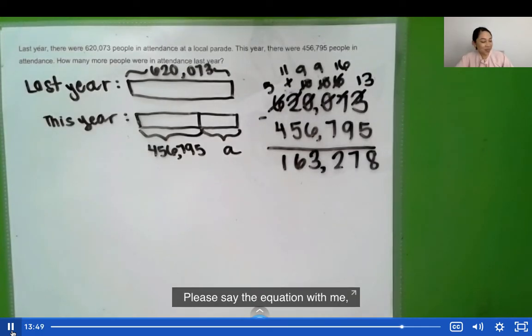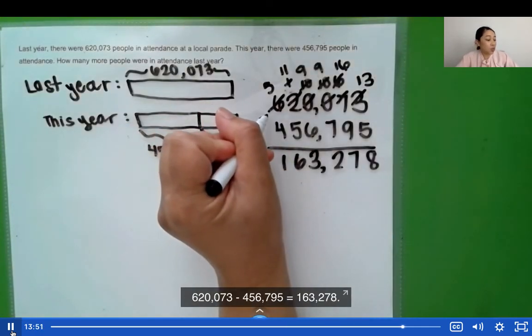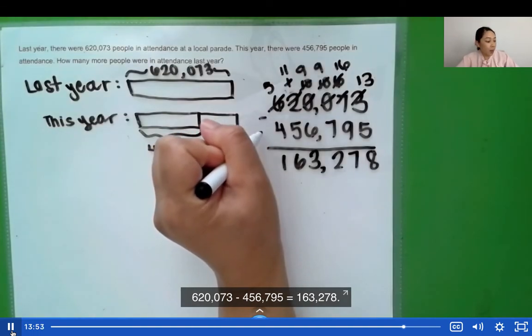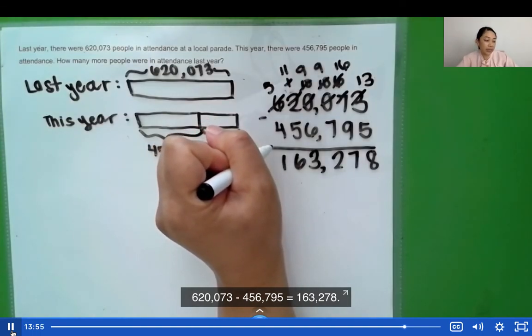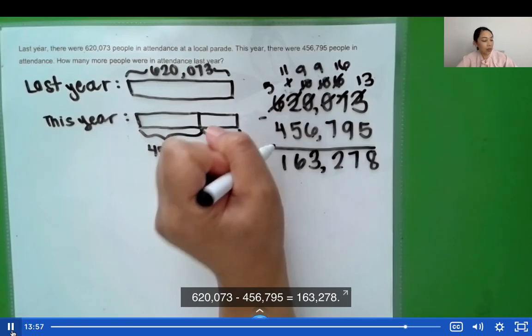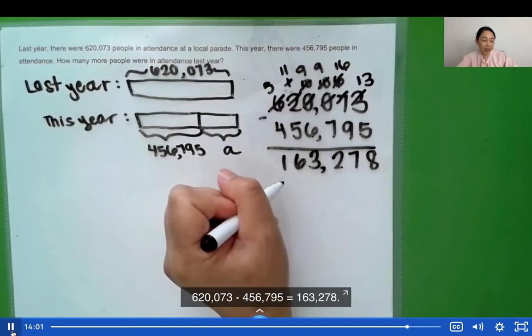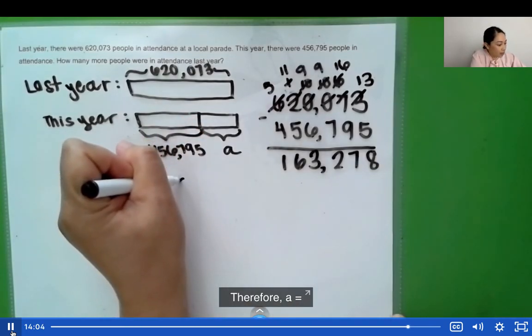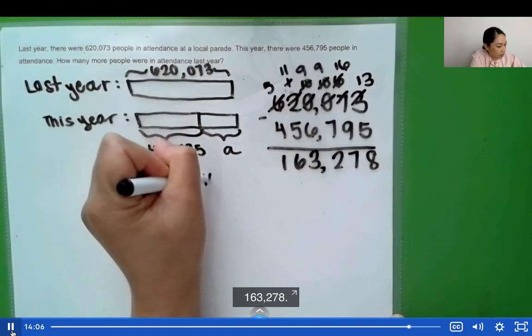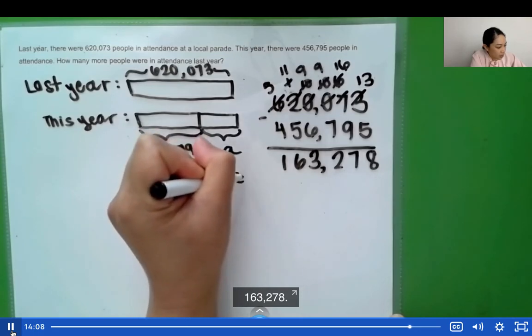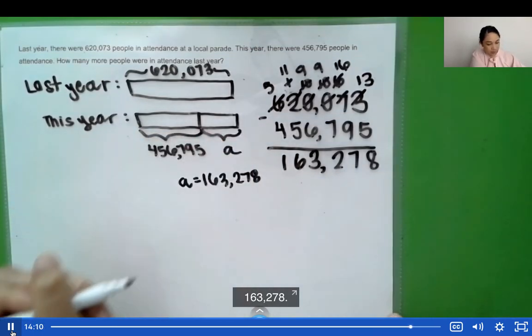Please say the equation with me. 620,073 minus 456,795 equals 163,278. Therefore, a equals 163,278.